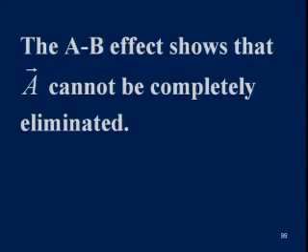But today we know that you can write down Maxwell's equations without A, but the concept of A cannot be eliminated, because the Aharonov-Bohm effect shows that A cannot be completely eliminated. It has a physical significance.